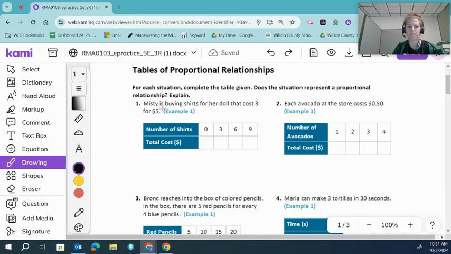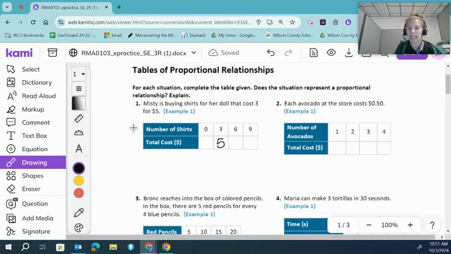Okay, so Misty is buying shirts for her doll that cost $3 for $5. So 3 shirts cost $5. And I can go ahead and fill that into my table here. 3 shirts for $5. So the number 3 in this situation represents the number of shirts. The number 5 represents the total cost.